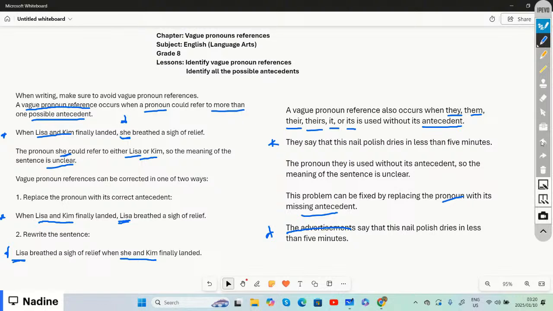So the advertisers, that is now an antecedent. Now it is clear because it's telling you who said that this nail polish dries in less than 5 minutes.